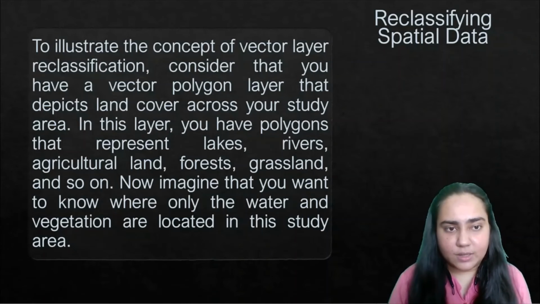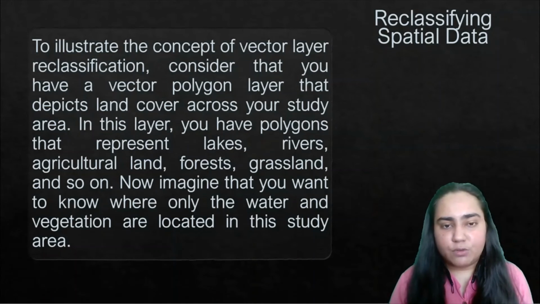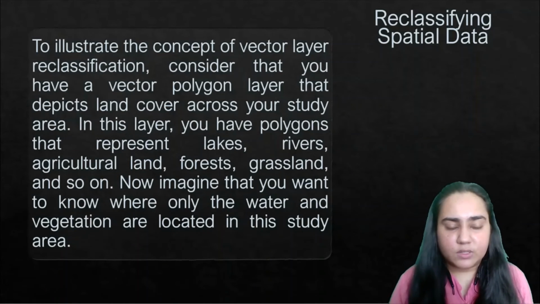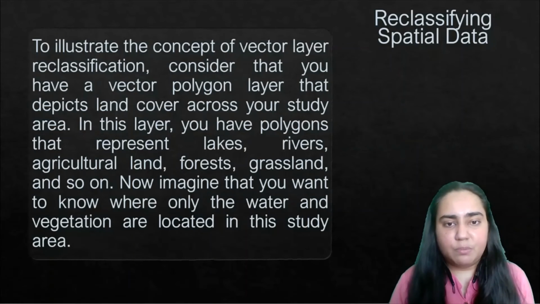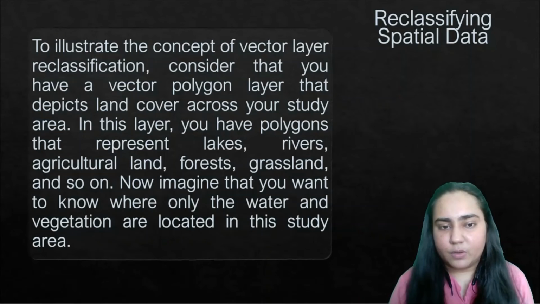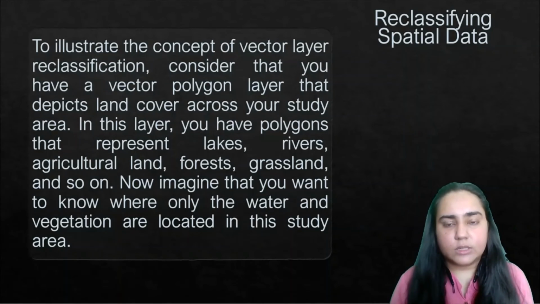Okay, how much land is there? So you have polygons that represent lakes, rivers, agricultural land, forests, grasslands, and so on. Okay, so you have all these polygons representing all these forms of land. And imagine that you want to know where there's only water and vegetation. Okay, you just want to find out water and vegetation in this area, then how would you do that?